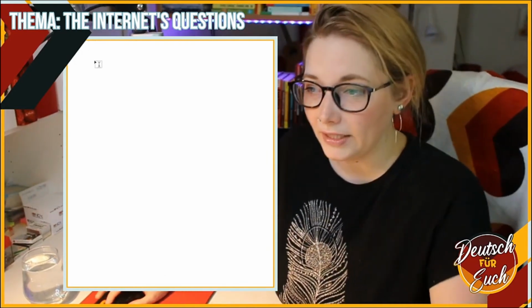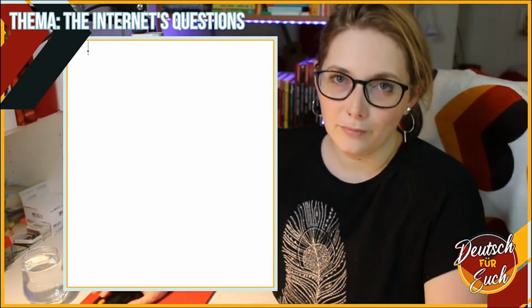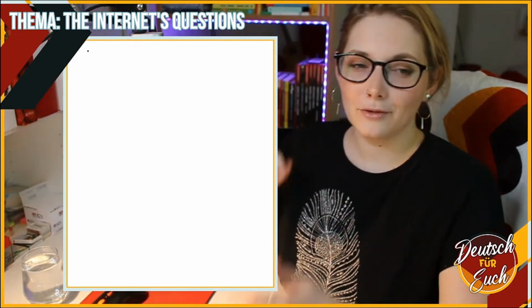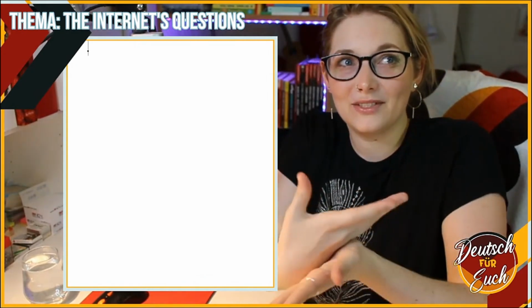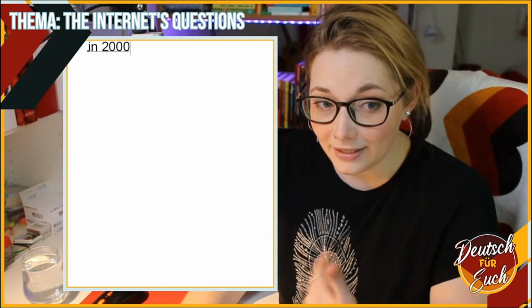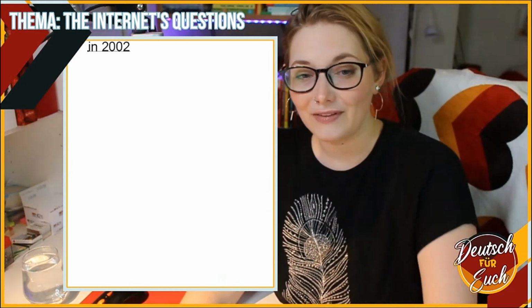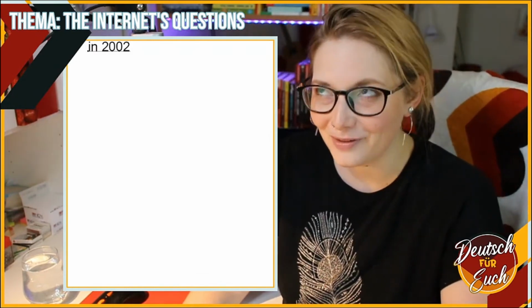Interference from English, because a lot of people are very exposed to English now. Duh. It is debatable how wrong this is, because the more something gets established in the language, the more it becomes a viable option, right? But people say stuff like in 2000, or let's say 2002, in 2002.